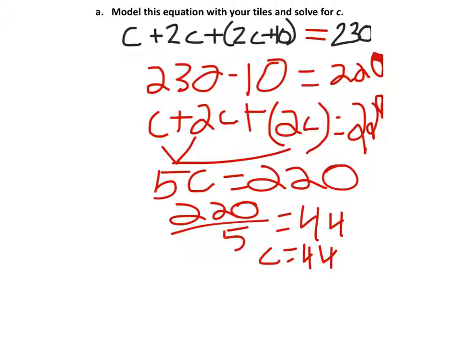Then it's 220, and then you combine all the C's together to make 5C, and then you divide 220 by 5 so that it's just 1C, and it's 1C equals 44.